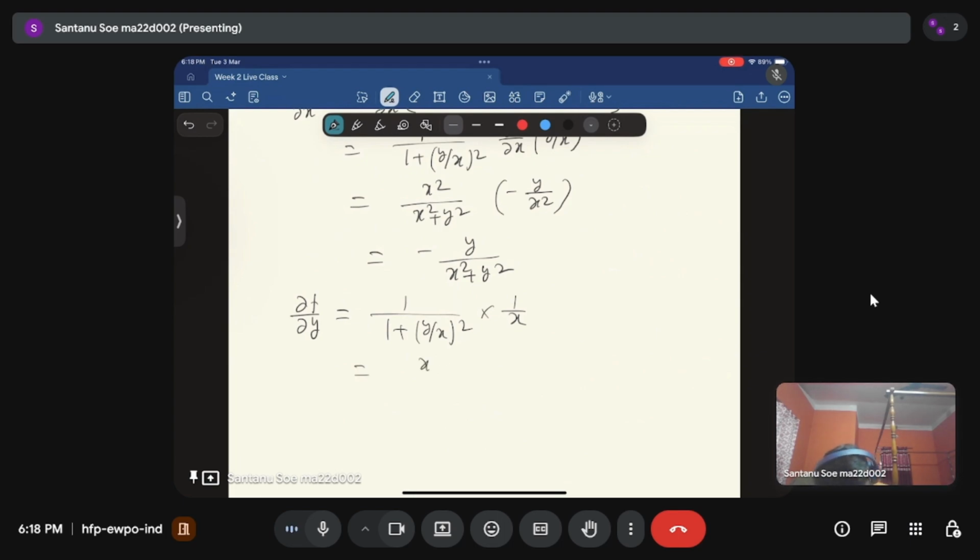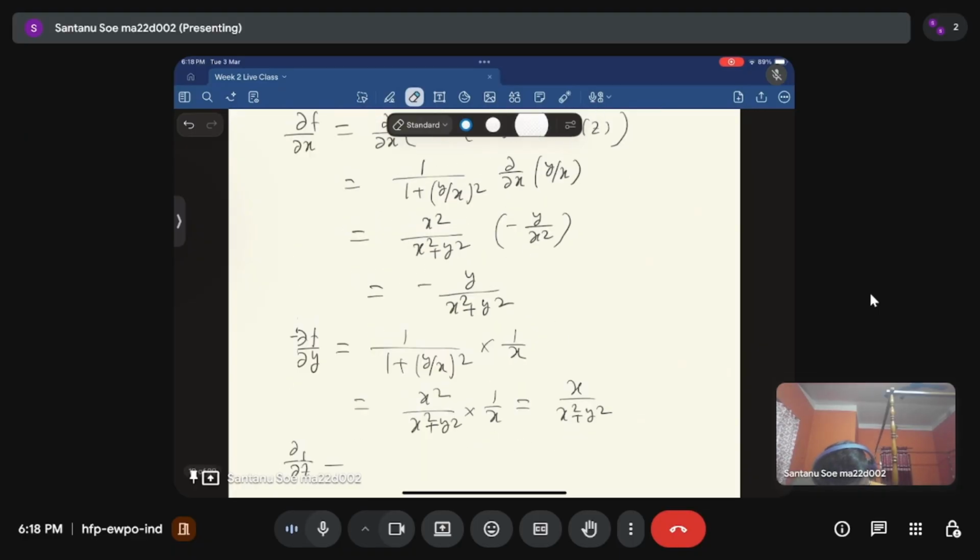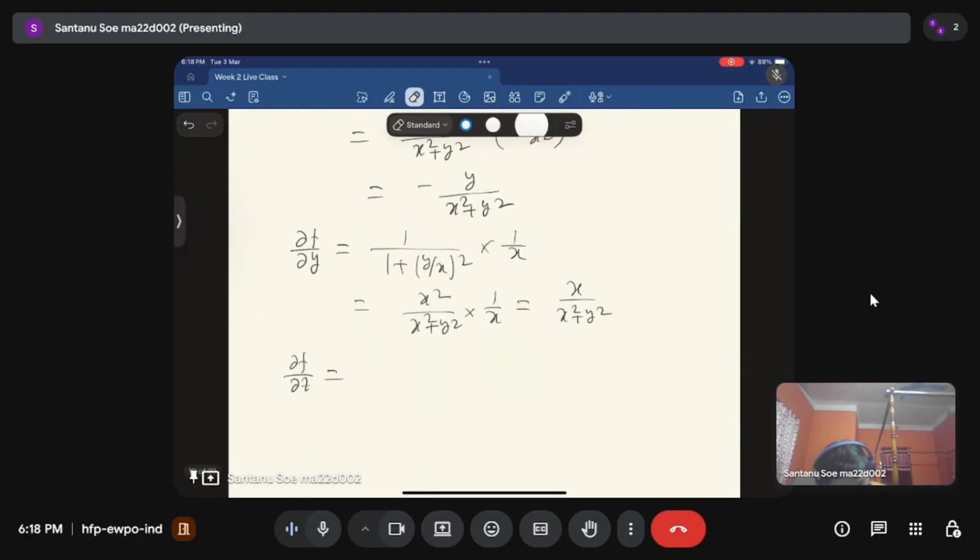So this is x square divided by x square plus y square into 1 by x, which is the same as x divided by x square plus y square. Okay, and del f del z is just 1 by 1 plus z square, because the derivative of tan inverse z is 1 by 1 plus z square.